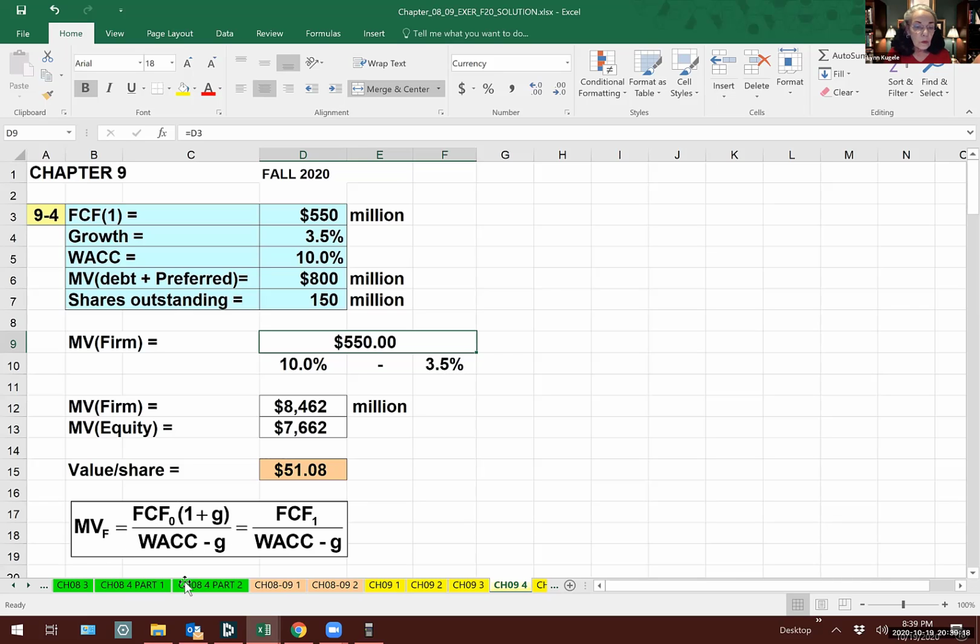And instead of the required return on stock, we're using the cost of capital for the firm. So free cash flow 1 divided by required return minus the growth rate. There's the value of the firm. Subtract out the market value of debt and preferred, the value of equity, divide by the number of shares, 5108.